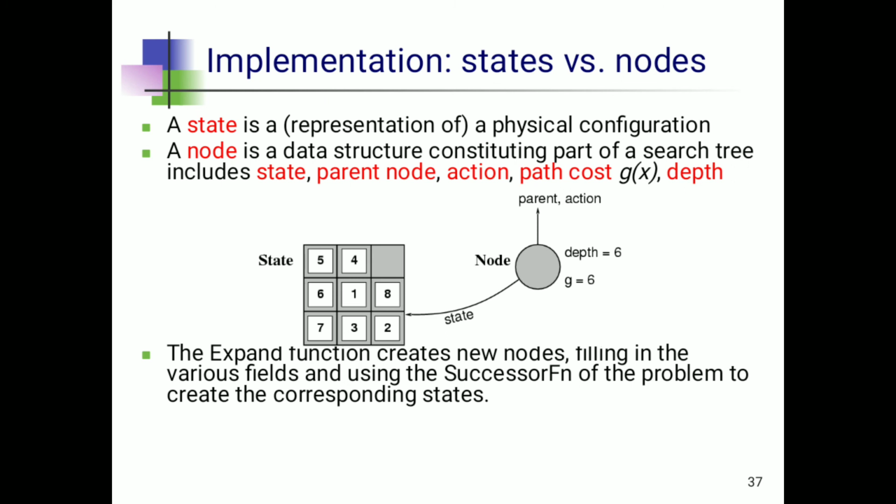It creates the new nodes, filling in the various fields and using the successor function of the problem to create the corresponding states. So in the search tree, we have to look for the initial state, then apply the search strategy, and one by one, depth by depth, explore the search tree. Then we have to examine each possible branch of that tree.